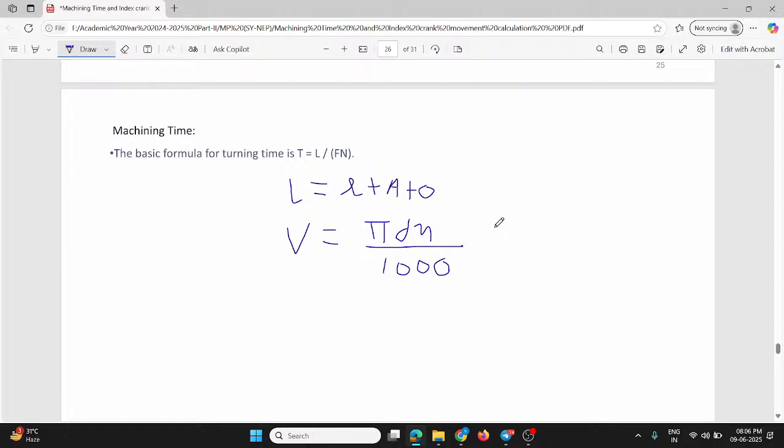If D is in mm and N is in RPM, you get the cutting speed in meters per minute. So if the diameter and RPM are known, you can calculate the cutting speed, or if the diameter and cutting speed are known, you can calculate the RPM at which the workpiece is to be rotated.